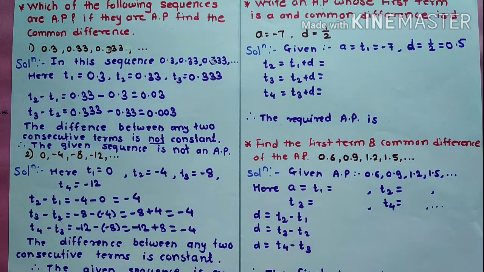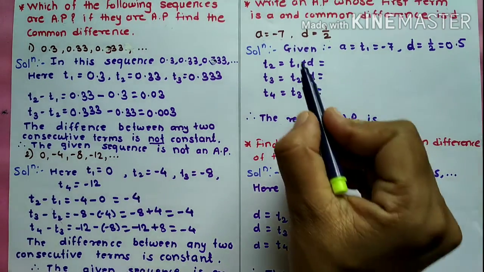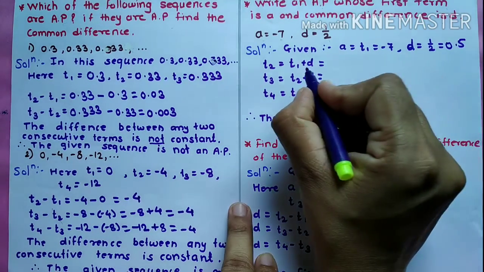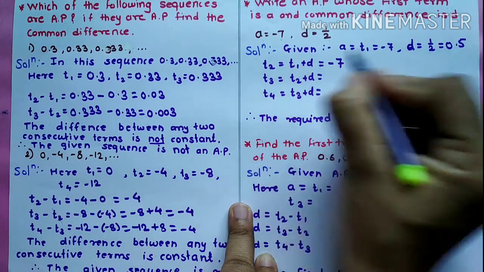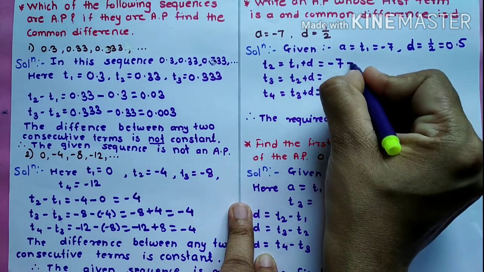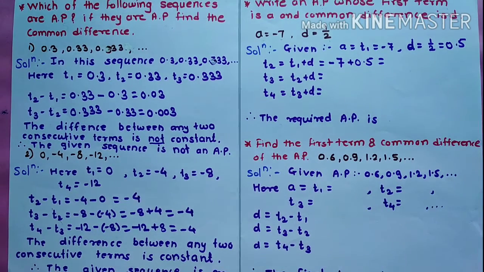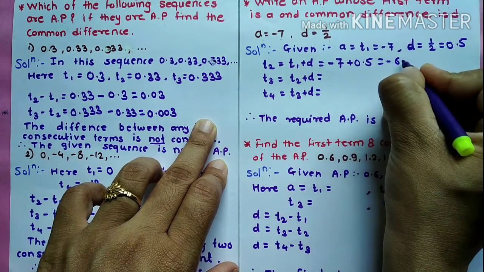Then we have to find the next term T2. T2 is T1 plus D. So put in the values. T1 is -7 and D is 0.5, which is -7 plus 0.5, which is equal to -6.5.